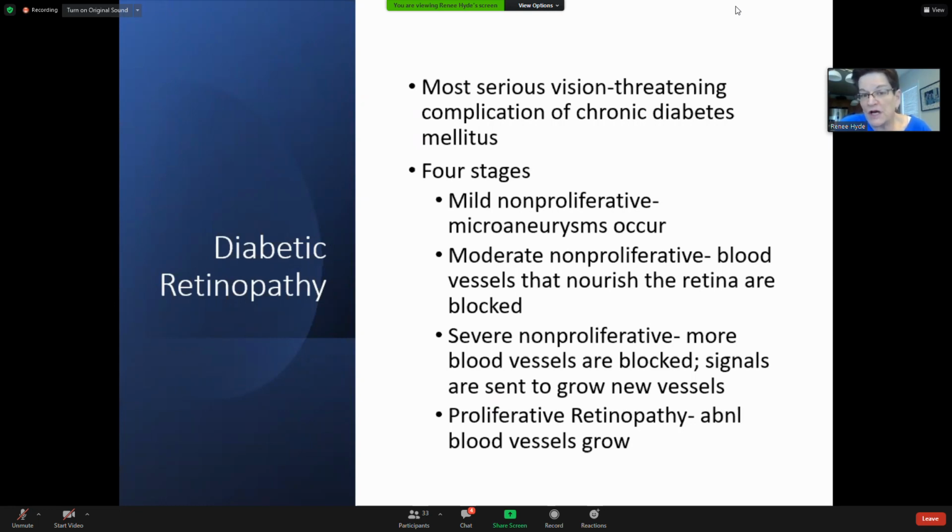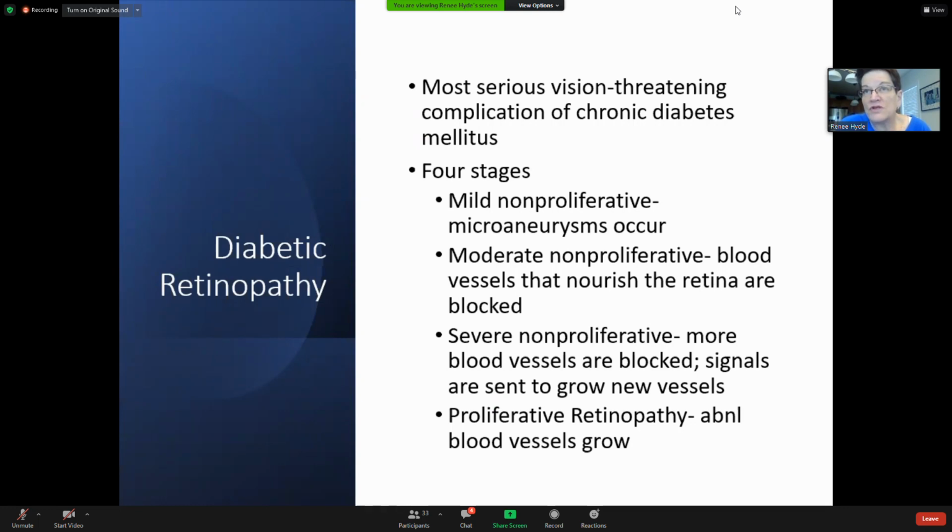But what I want you to understand about this is that what occurs with your patients with diabetic retinopathy is that they have blood vessels that are blocked, the ones that nourish the retina. And so new vessels grow.